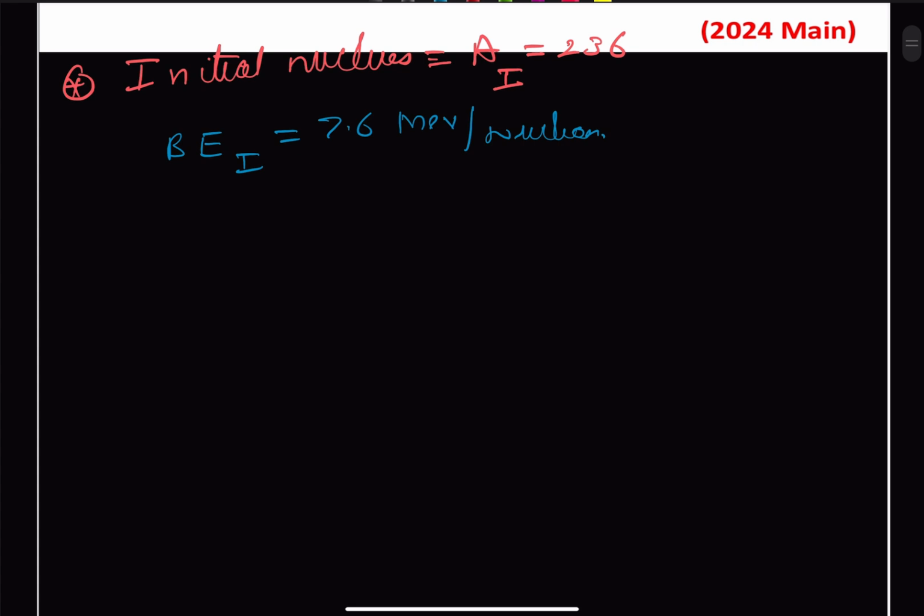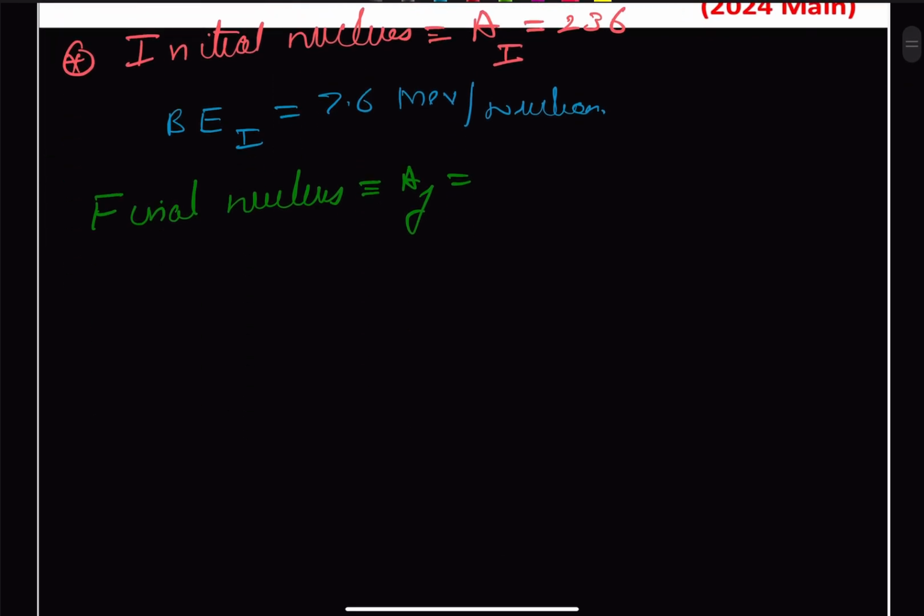Let us call that the final nucleus, AF, approximately given as 118, and the corresponding binding energy final is 8.6 mega electron volt per nucleon.